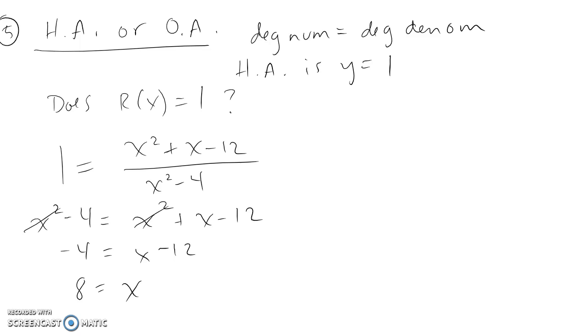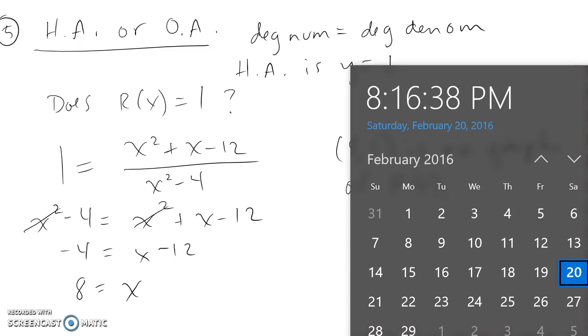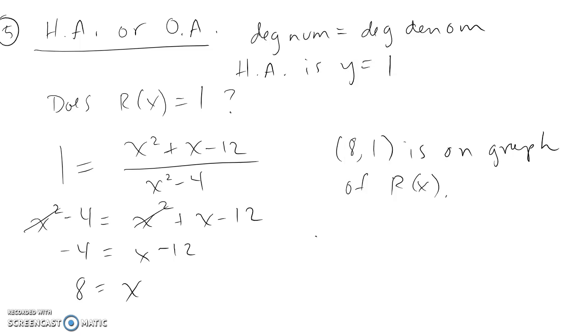So this is telling us then that the point (8, 1) is on the graph of r of x, right? And since that's true, that's where our function crosses the horizontal asymptote. So we can say that r of x crosses the horizontal asymptote at x equals 8. Okay, so we're going to keep that in mind when we're graphing.